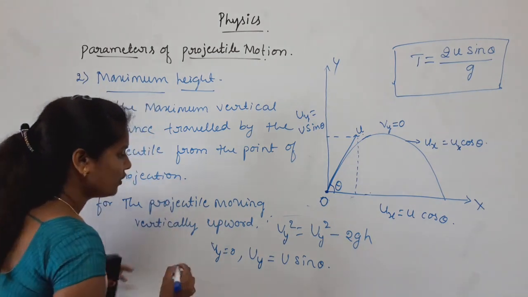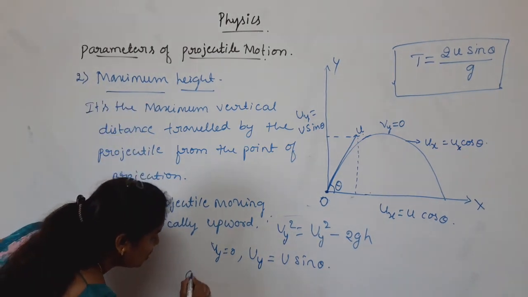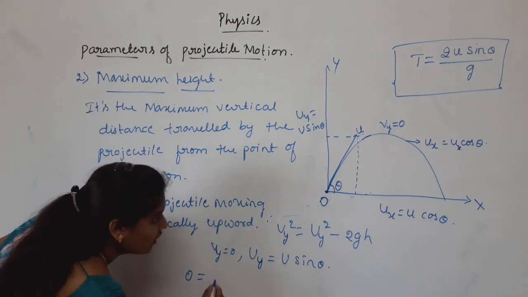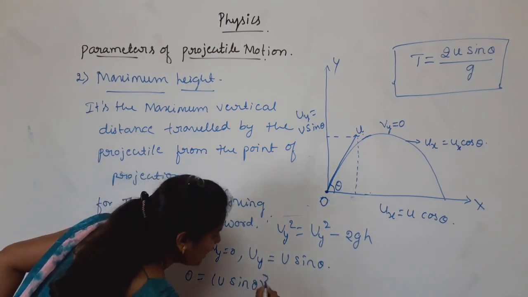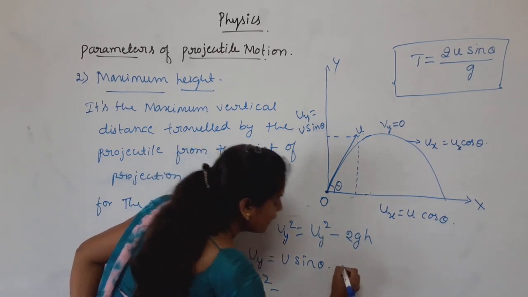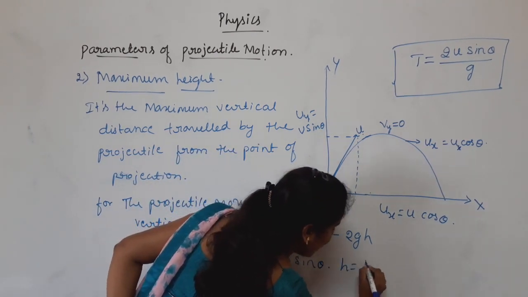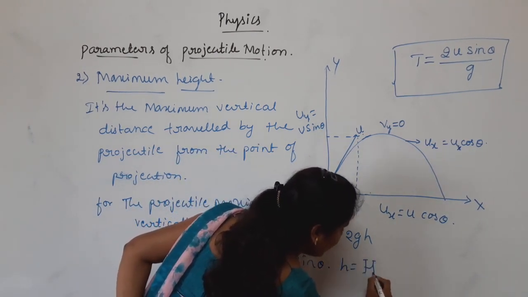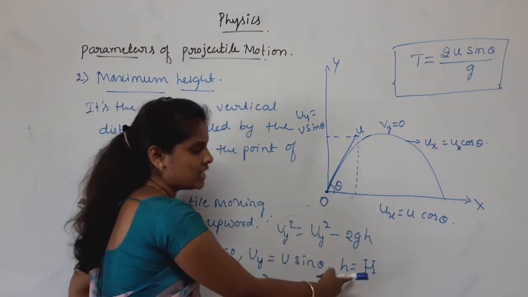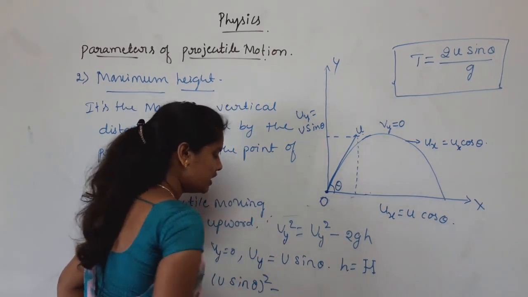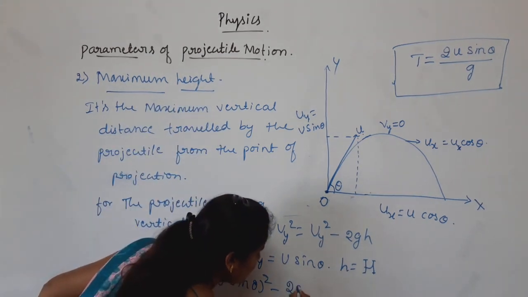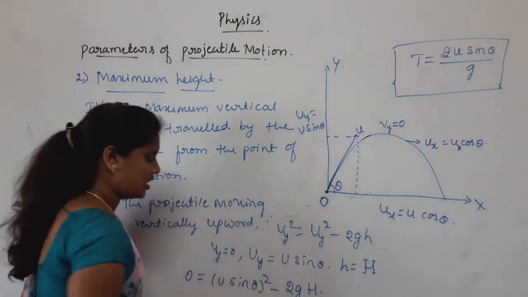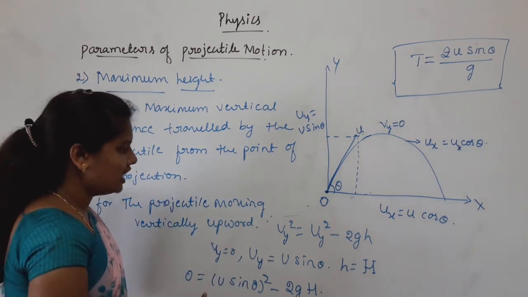We get 0 equals (U sin theta) whole square minus 2gh, where the small h becomes capital H. Here capital H represents the maximum height. So replace h by capital H, so 2gH.